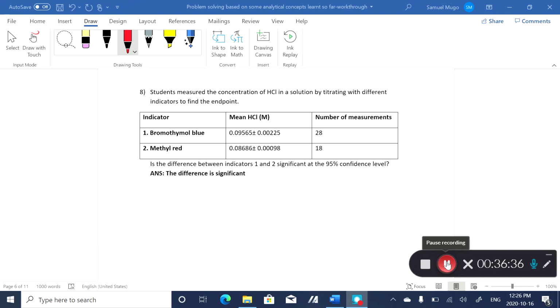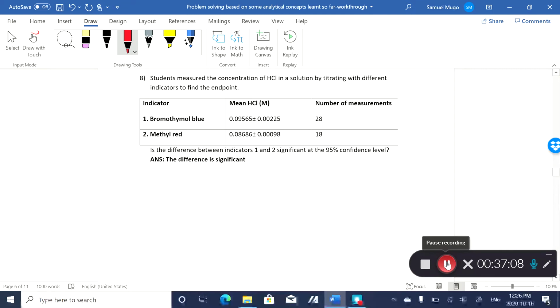So in the statistics section, remember, we used the student's t for a couple of different applications, and I'd like you guys to go and review that. But one application of the student's t is to compare two different methods and determine if the results you get from those two methods are statistically significantly different.